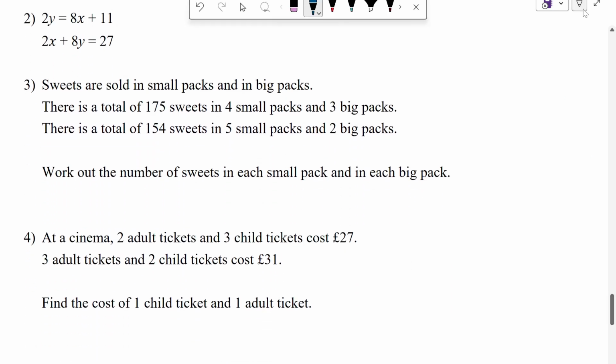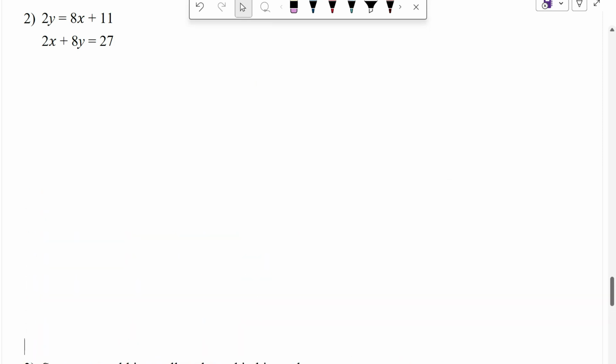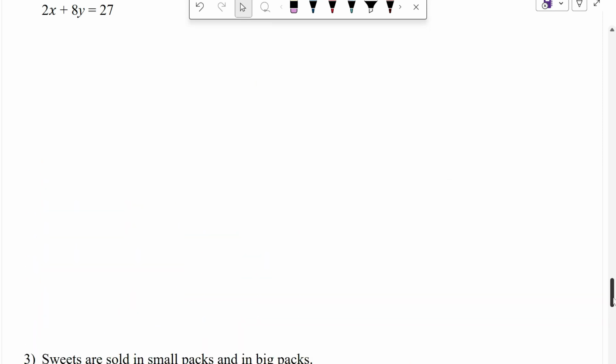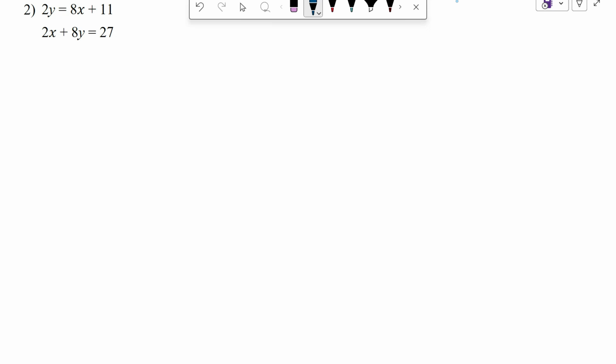Moving on to the next question. Go through these one by one. Okay, so straight away we can see that the x's and the y's are not aligned. So let's go ahead and rearrange this top equation to solve that.